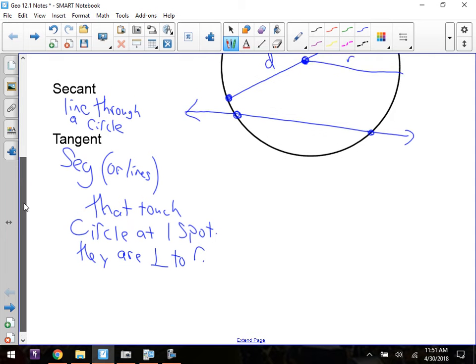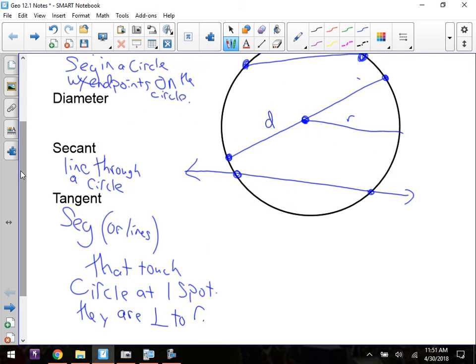Draw that out here. So we had our radius that I badly drew earlier. Draw it better. That was my radius. Here's a tangent. It touches the circle at one spot and is perpendicular to the radius.